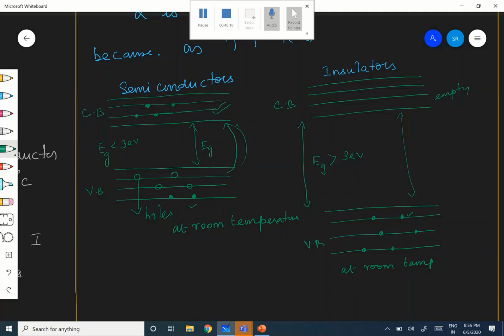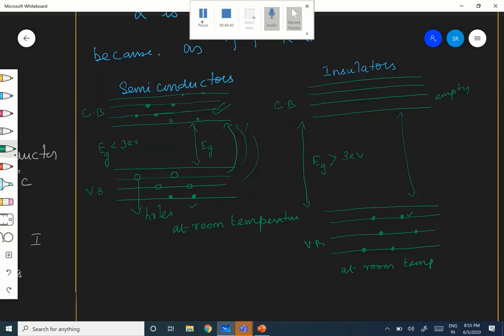Therefore, at temperatures higher than room temperature, more and more electrons will jump from the valence band to the conduction band, and many electrons will be available in the conduction band.